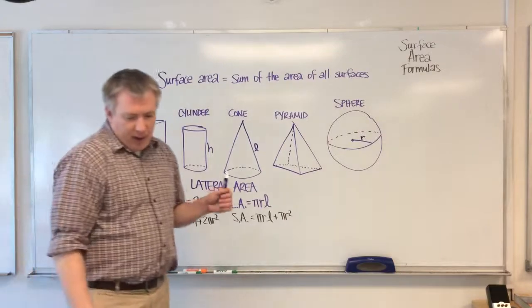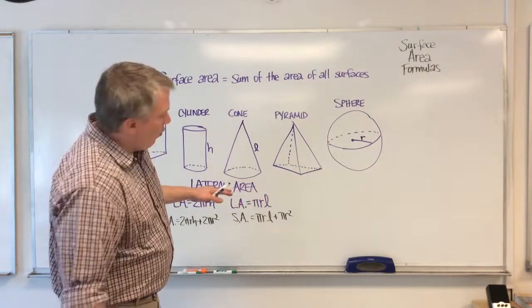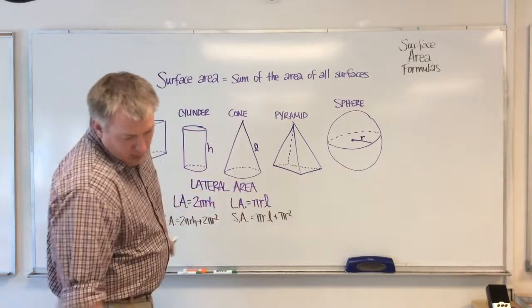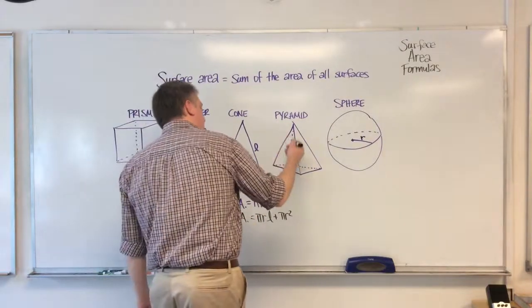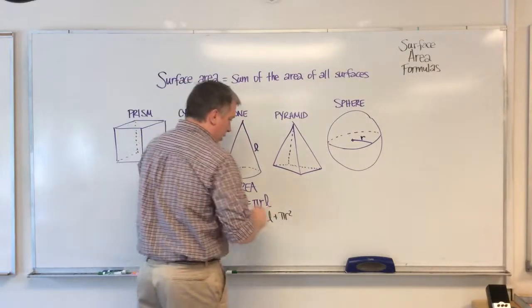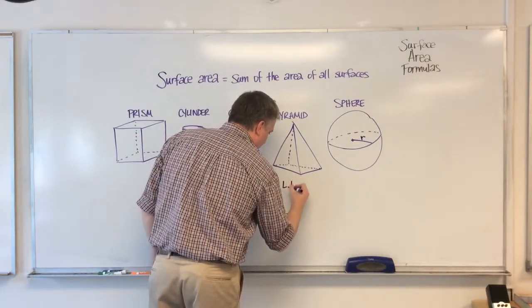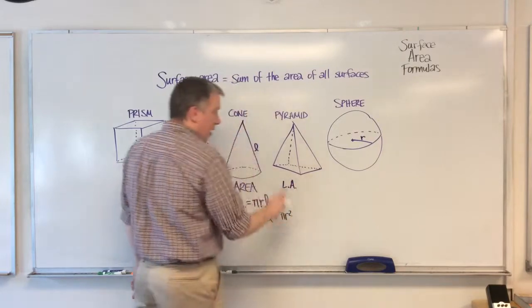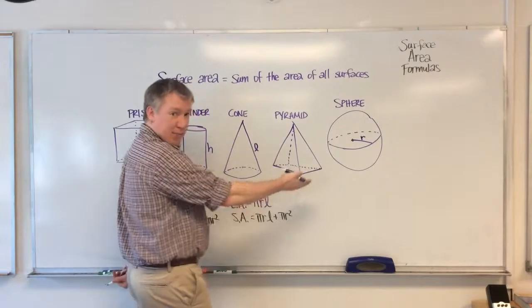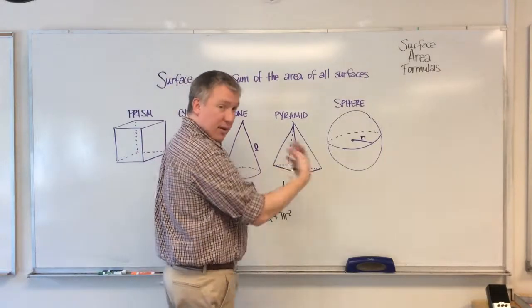As well, for the pyramid, there is a way to find the lateral area without having to find it of every shape. And this is how you do it. The lateral area of a pyramid. Now, know that this is not the whole surface area, because we still have to add in the base at the end if we want to find the surface area.